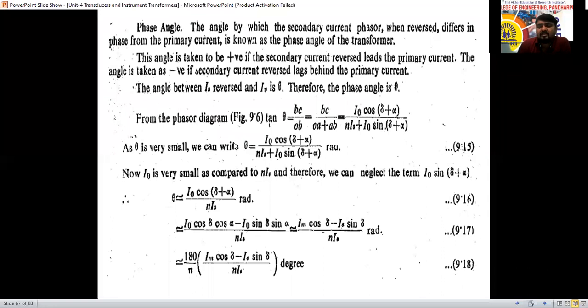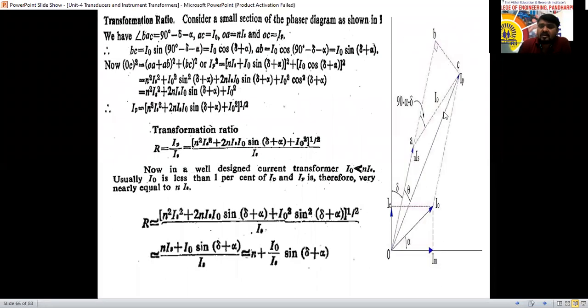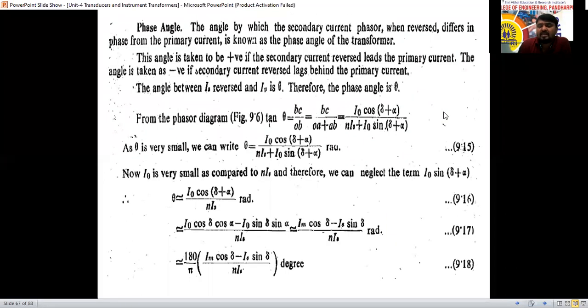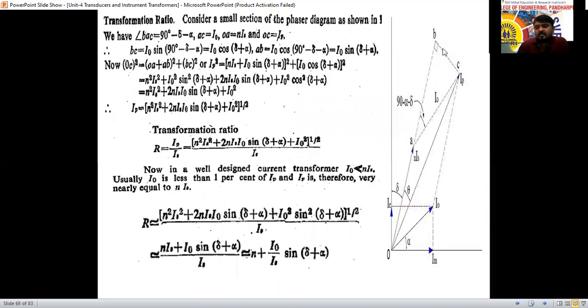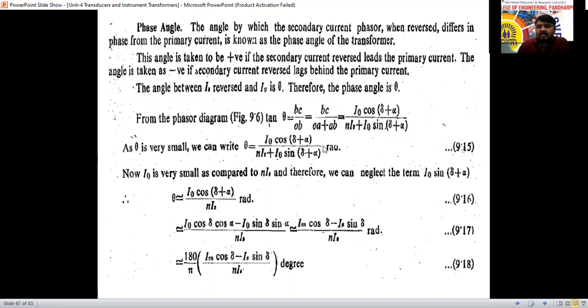By considering this triangle only, we can write the tan theta equation. Tan theta equals BC divided by OB. BC is the opposite and AB is the adjacent; opposite by adjacent gives the tan theta formula.